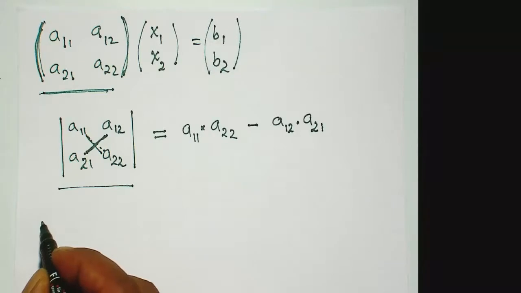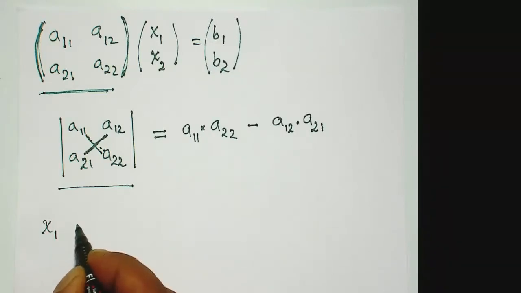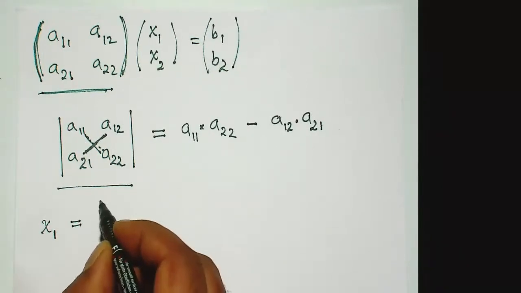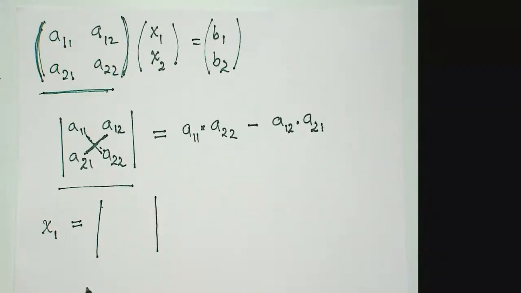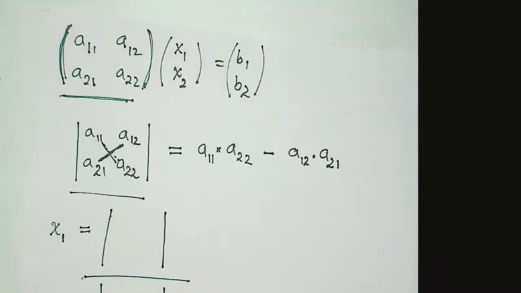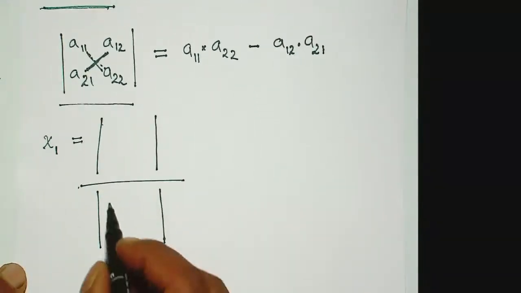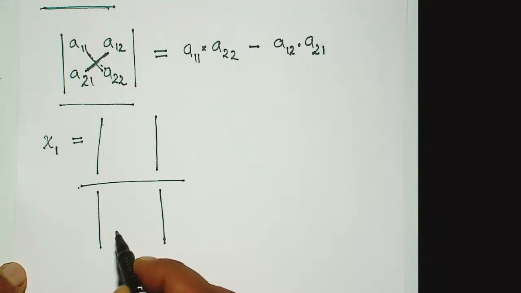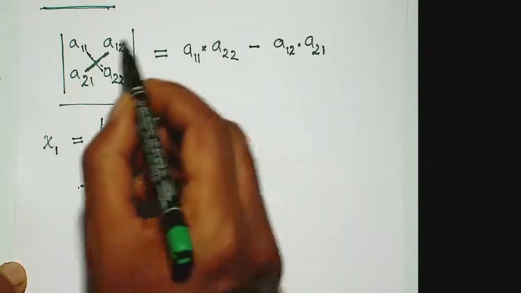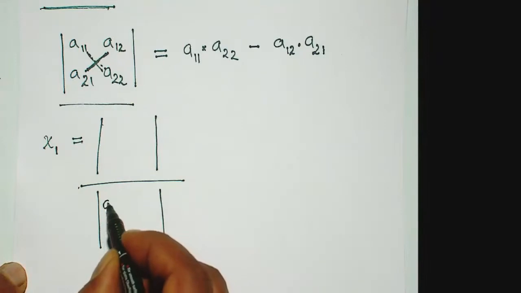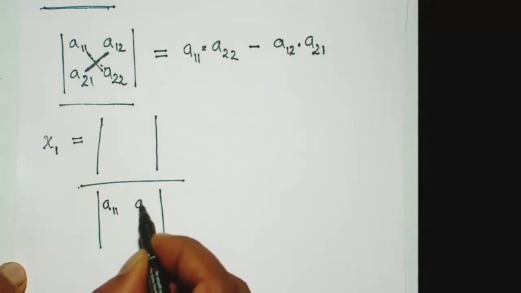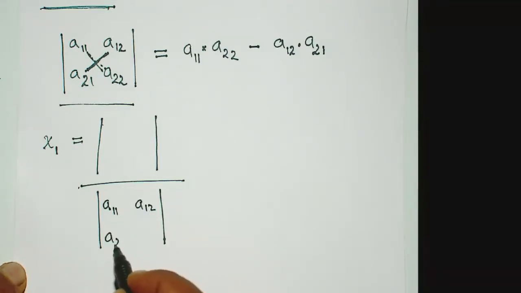In Cramer's rule, the solution for x1 is given as first a determinant divided by another determinant. So on the denominator, what we always put is the determinant of our matrix A, which I have already calculated here, but I would write it again: A11, A12, A21, A22.